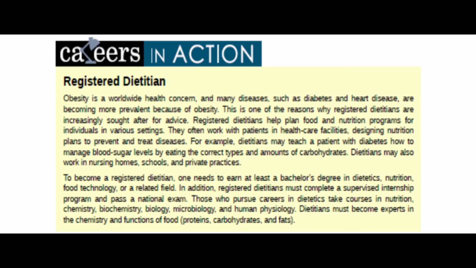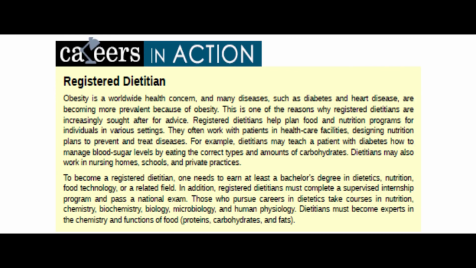To become a registered dietitian, one needs to earn at least a bachelor's degree in dietetics, nutrition, food technology, or a related field. In addition, registered dietitians must complete a supervised internship program and pass a national exam.